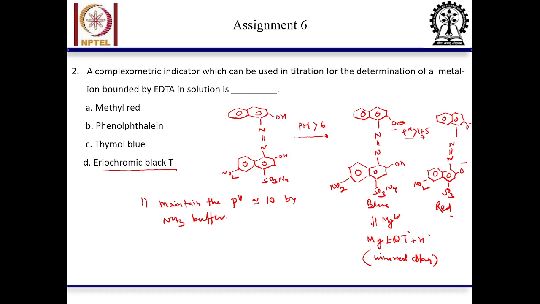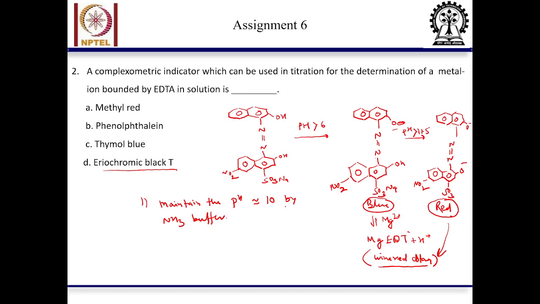If we deprotonate only one proton, it will be blue, and once it forms a complex with the metal, it will give the wine red color. But if your pH exceeds 11.5, it will be red. So with a wine red to wine red transition, you are not able to see your endpoint. So this is very important.